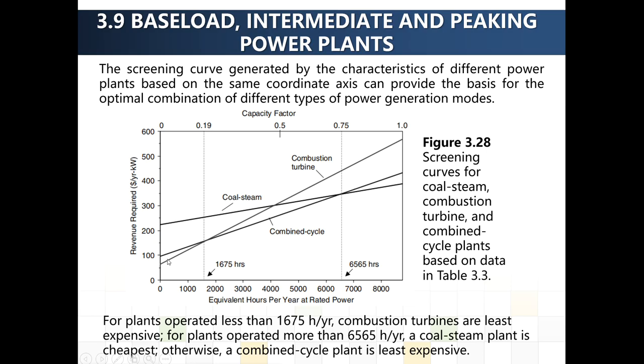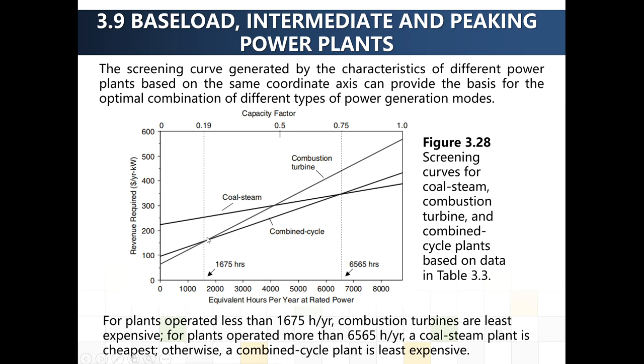The combined cycle and the combustion turbine have a relatively low capital cost. However, their operation cost, or variable cost, is high, due to the use of expensive gas. Now, when we plot this figure, we can see there are a number of intersections.